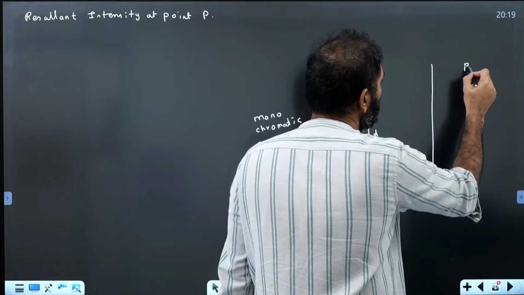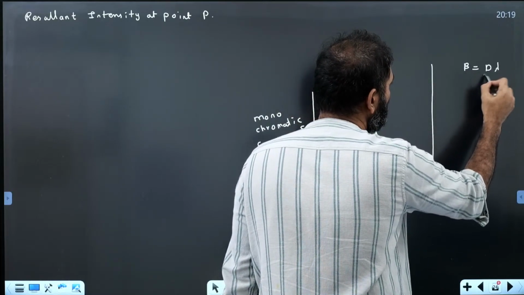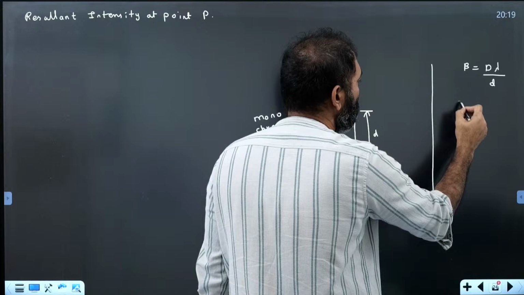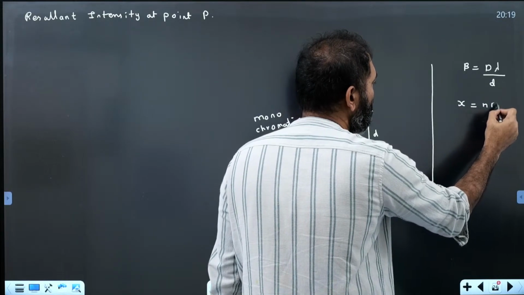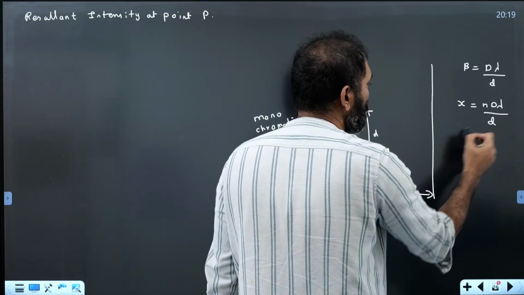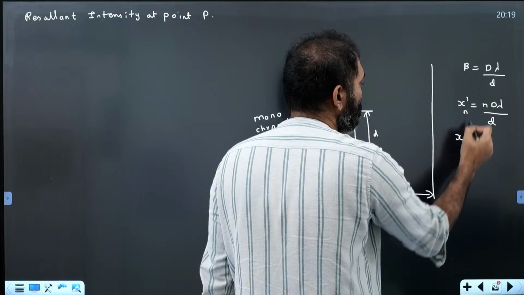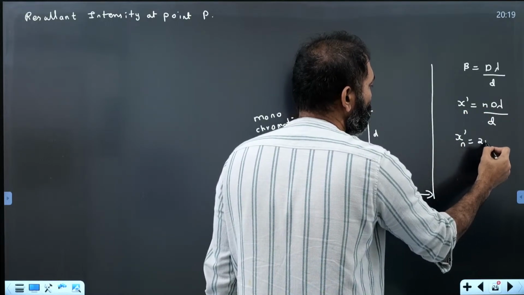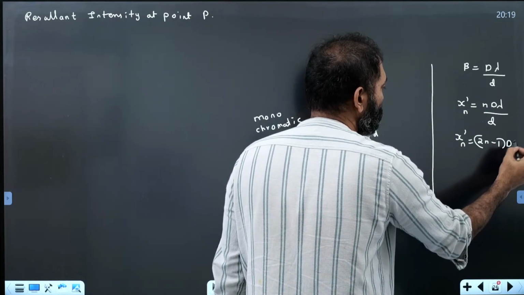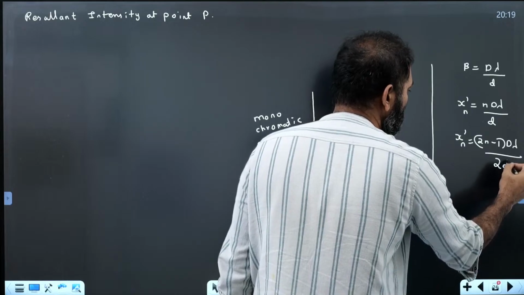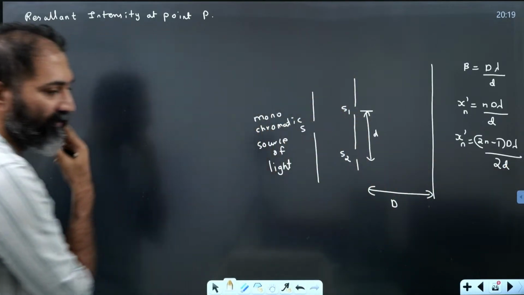Then fringe width is equal to what? D lambda by d. Position of the nth bright fringe is what? n D lambda by d. Position of the nth dark fringe is (2n minus 1) D lambda by 2d. I hope you guys remember all these equations.